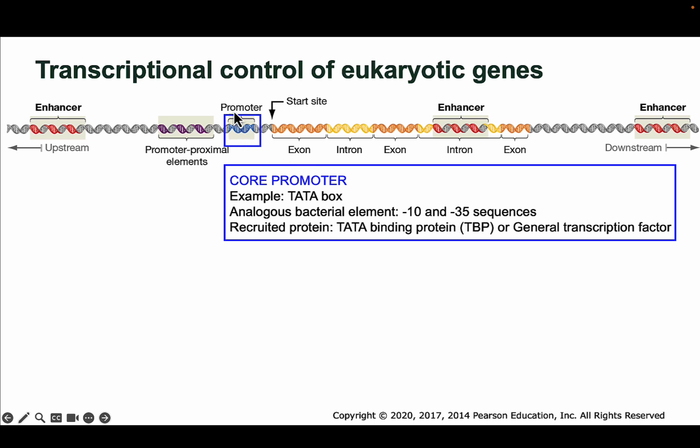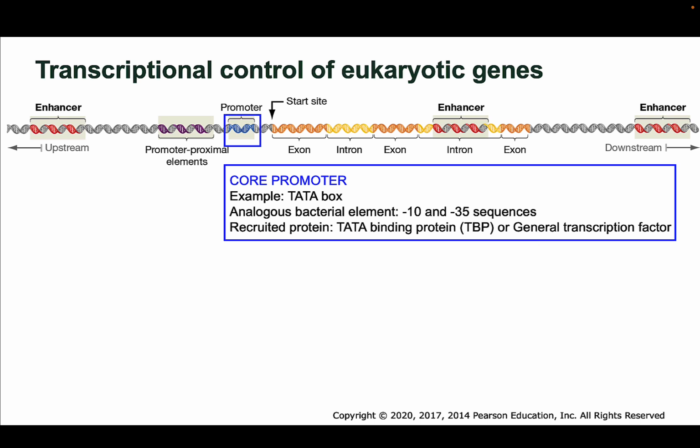And when gene transcription starts, right, we have RNA polymerase that needs to be recruited, but first it's recruited by either a TATA binding protein, so if that's the TATA box, this is a specific protein, or what we call a general transcription factor. So again, the take home here is that we have a core promoter upstream of the start site, and it binds to a general transcription factor.